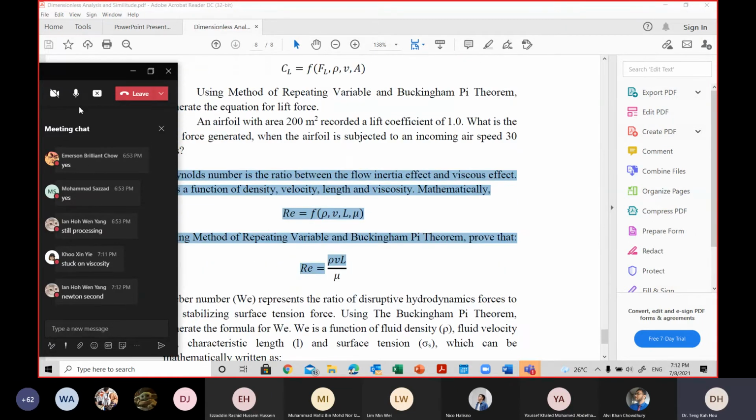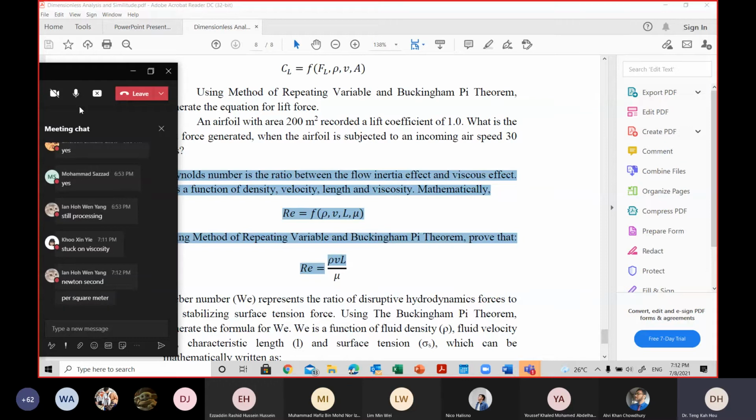Okay. So I will highlight the common mistakes. A common mistake is quite a number of students couldn't finish step 2 and then they give up. Please don't do that.